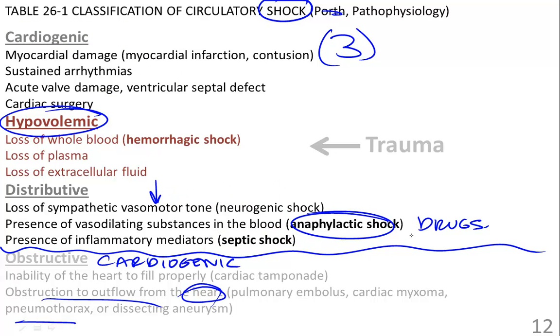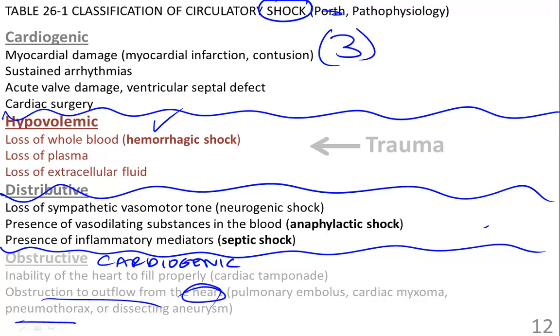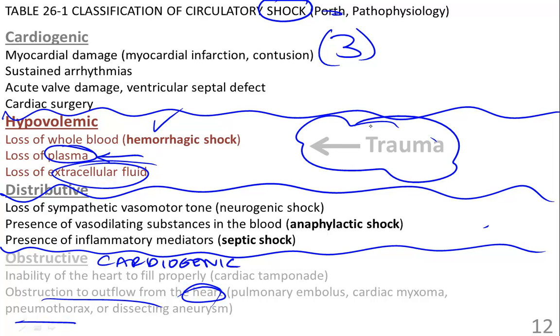And where I think trauma fits in best is hypovolemic shock. Hypovolemic shock is hemorrhagic shock, so basically loss of blood, and hypovolemia, loss of plasma, which could be due to dehydration, diarrhea, or vomiting, and is related to loss of extracellular fluid. So that's what we'll focus on.